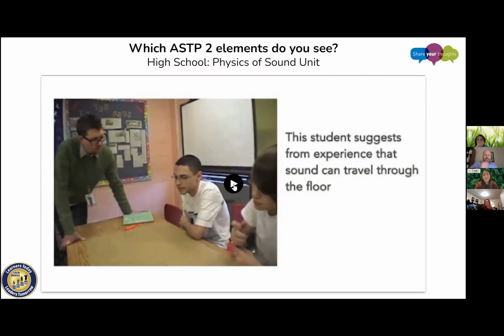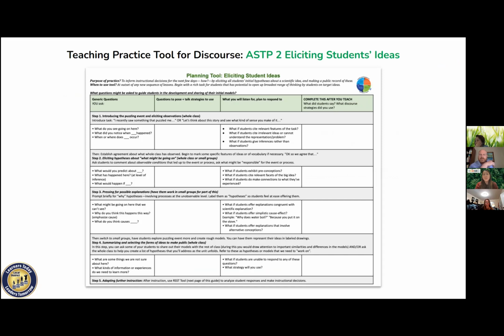All right, so in looking back then, in just a couple of minutes that we have left, which steps did you see the teacher engage in? I think we saw the first three.